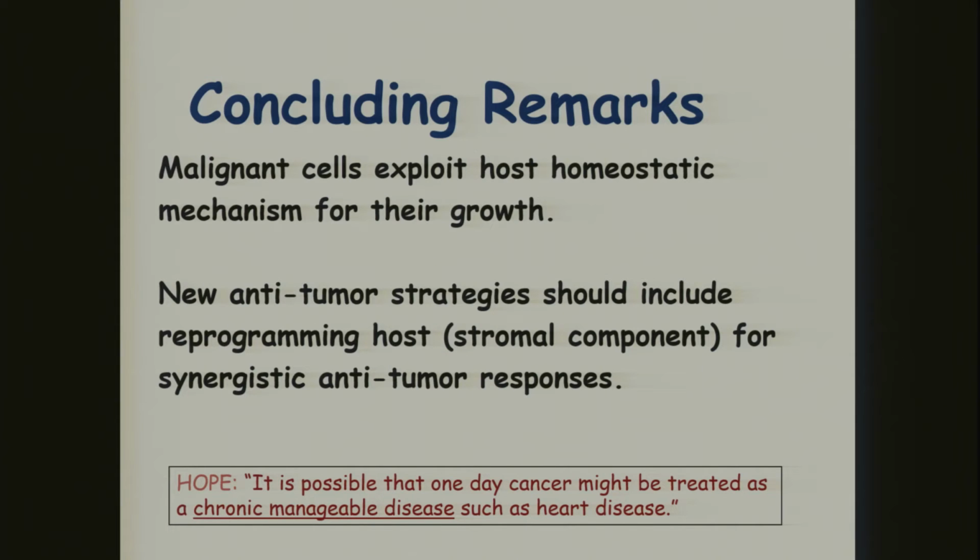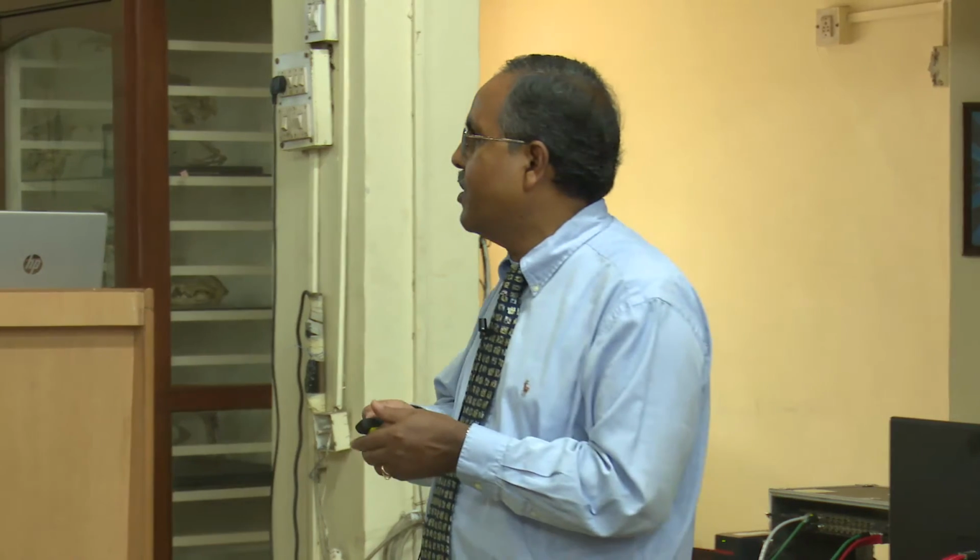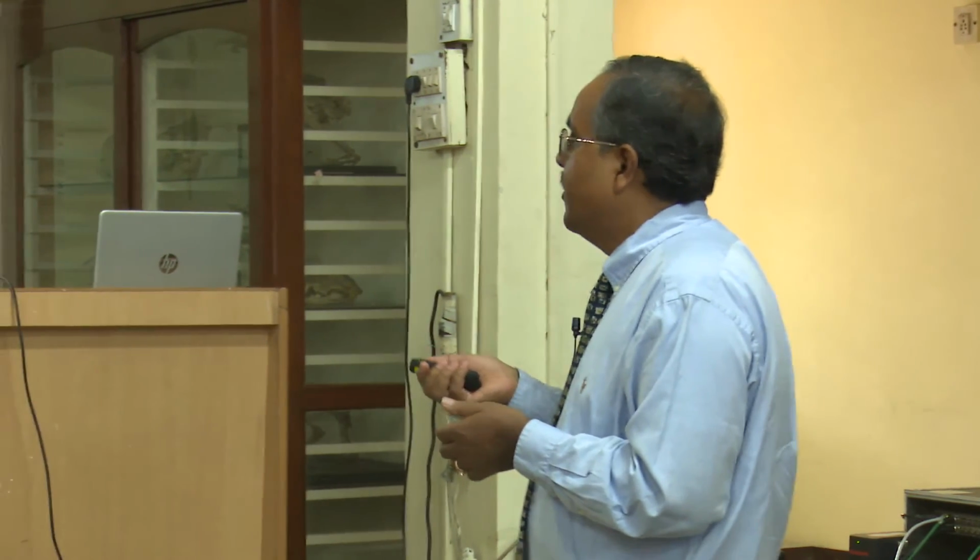All these immunotherapies are basically trying to reprogram the host. It's very difficult to control the tumor cells because they can always evolve. But the host is your own normal cells, so it's very easy to program them, and this reprogramming process is going to be the future treatment.